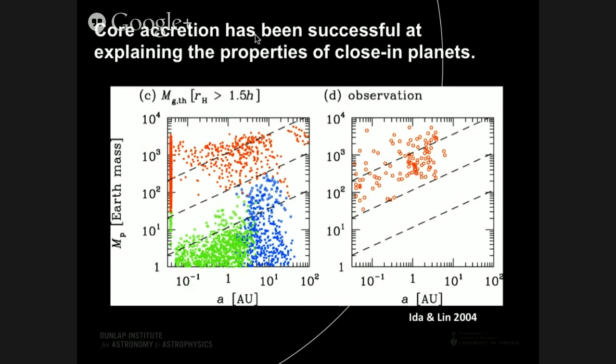This is the result of their simulation. In red are the gas giant planets, these are the ice giants, or ice planets like Neptune, and the terrestrial planets are in green. At that point we only knew about gas giant planets, and these are observations, but you can see that the gas giants line up pretty well with their models. So this was a good sign for this formation mechanism.